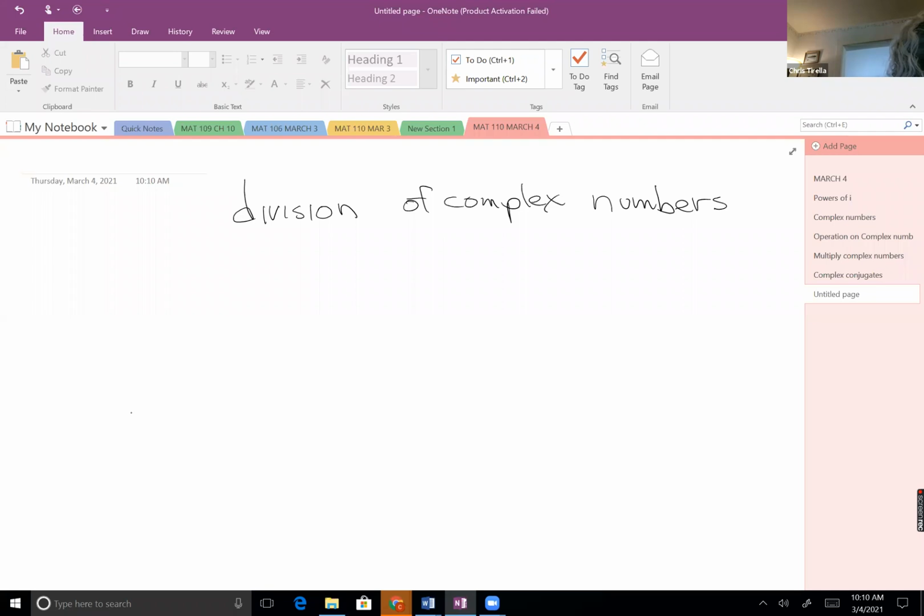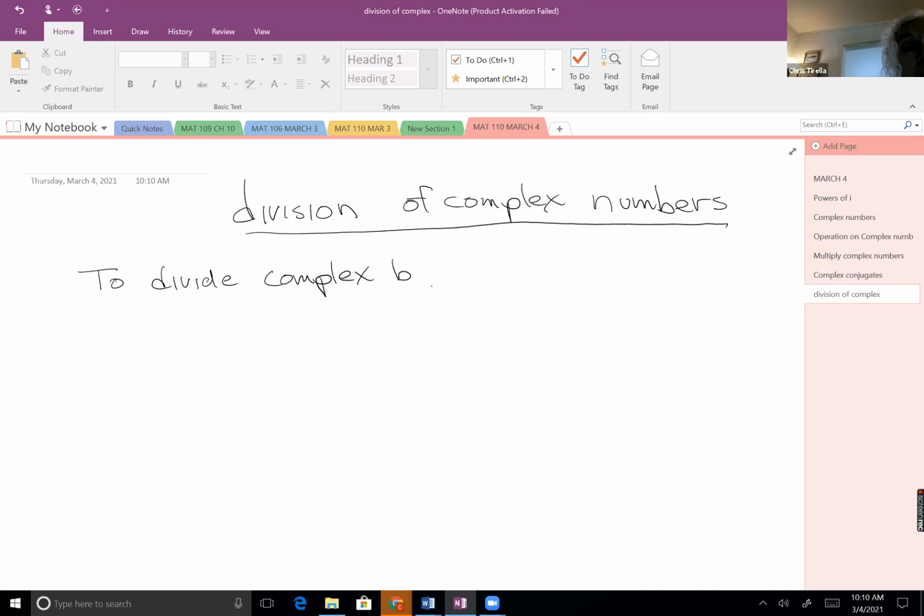And I'd like to divide this into two separate types of division problem. The first that I'd like to look at is how to divide complex numbers by a real number. Something like if I have a plus bi, my complex number, over a real number c.